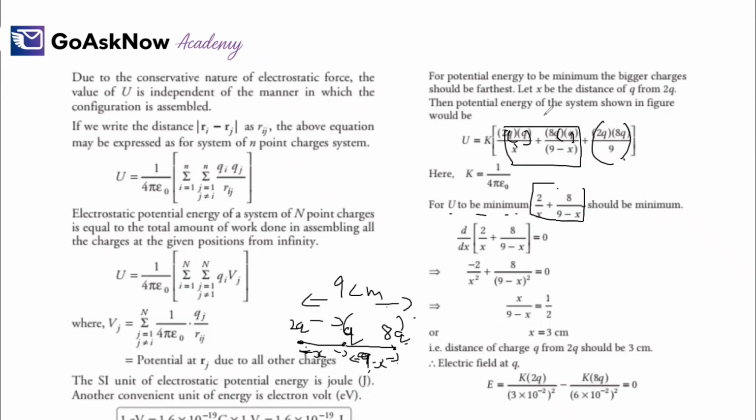After doing the differentiation, 2 by x differentiation is minus 2 by x square, plus 8 upon 9 minus x whole square, which is the differentiation of the second part with minus of 1 also.